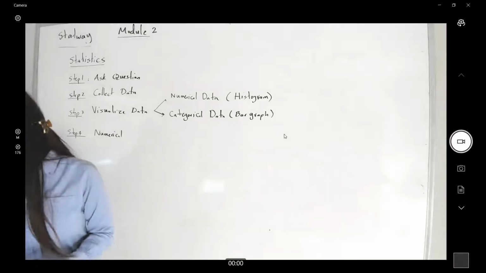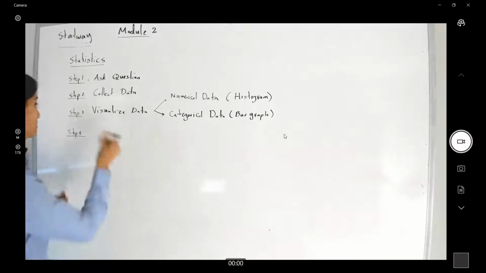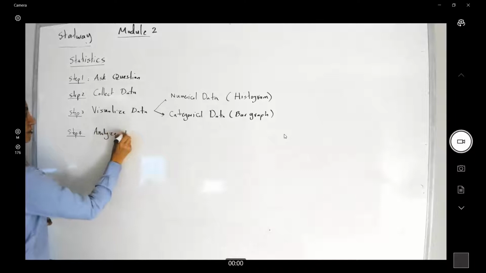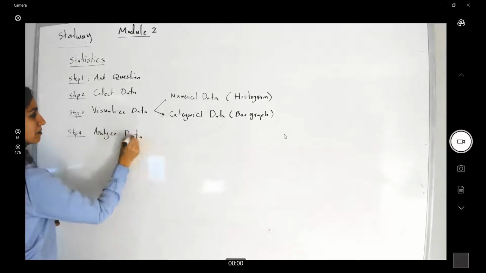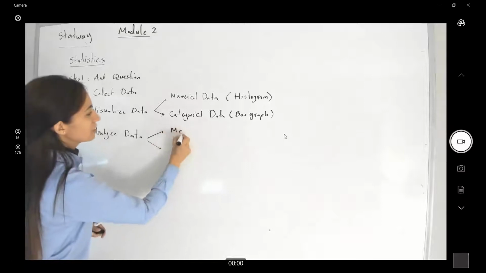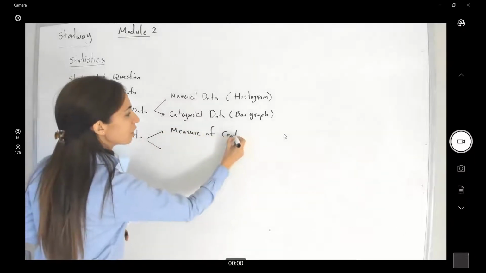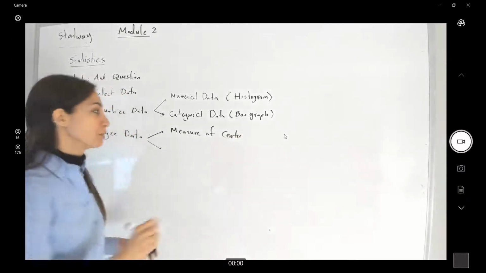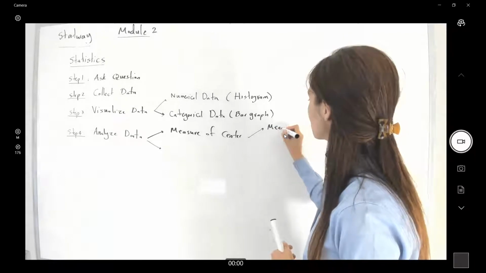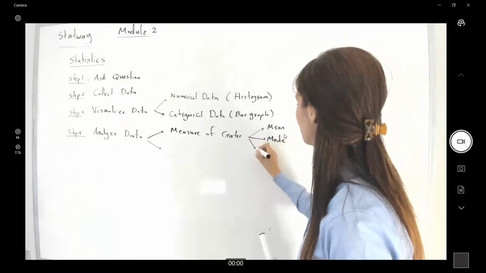Let's try to analyze the data by finding a measure of center. We talked about measure of center before, finding the average, mean, or mode, or median.